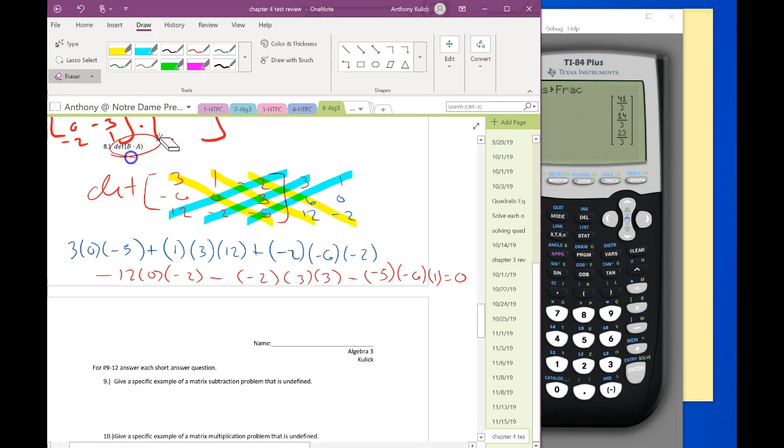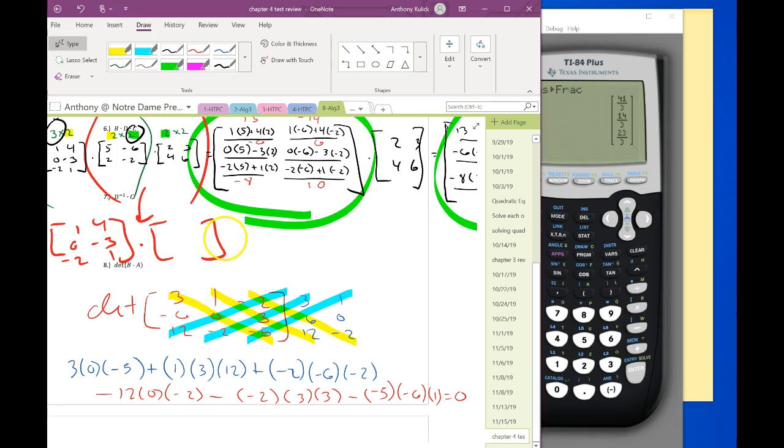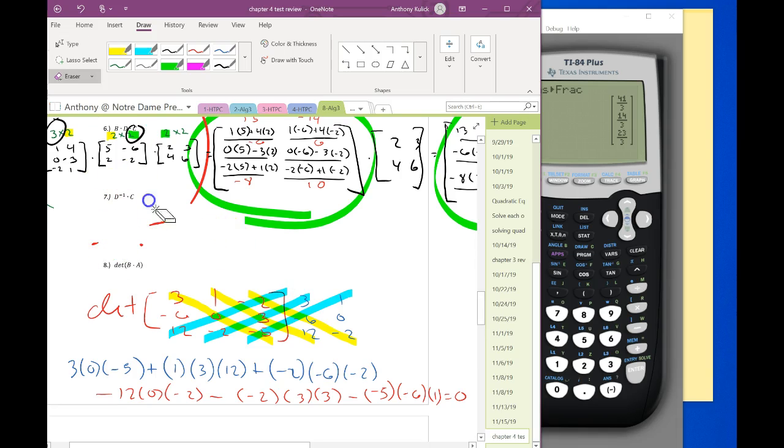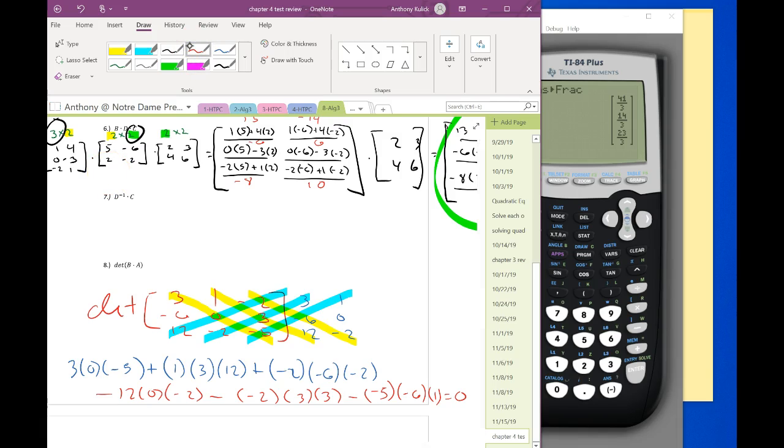7? Sure. I'm going to erase some of this stuff out of my way here. All right. So the first thing we'll do is do D inverse. Do you guys remember the formula for the inverse of a 2 by 2 matrix?